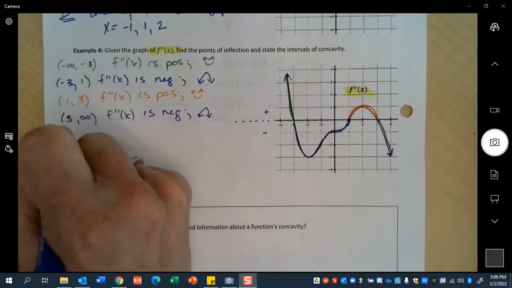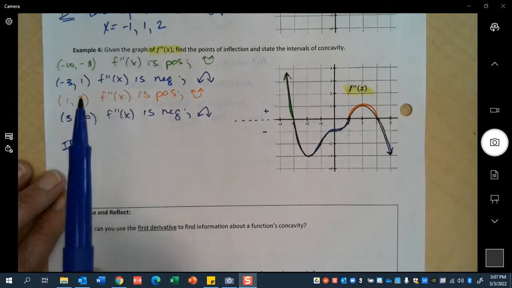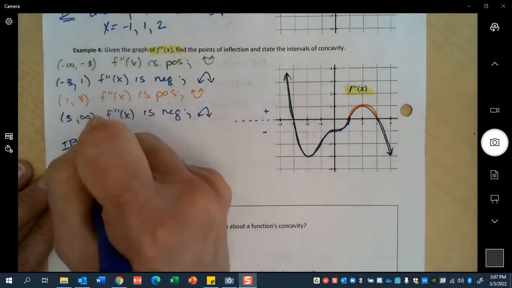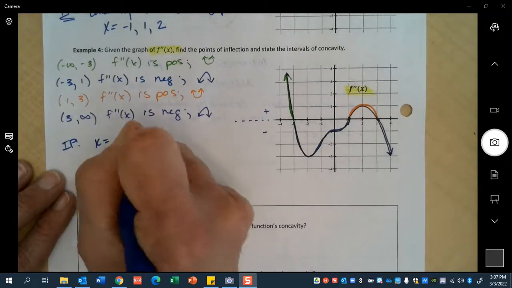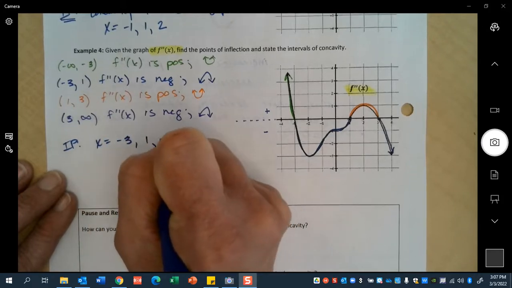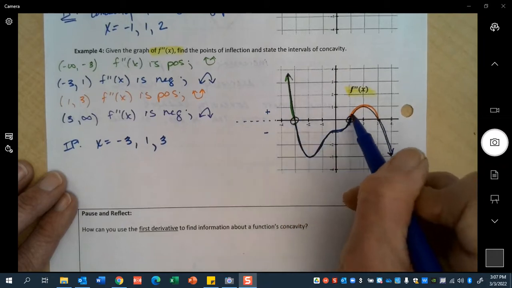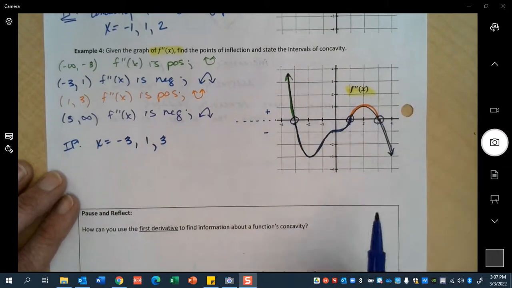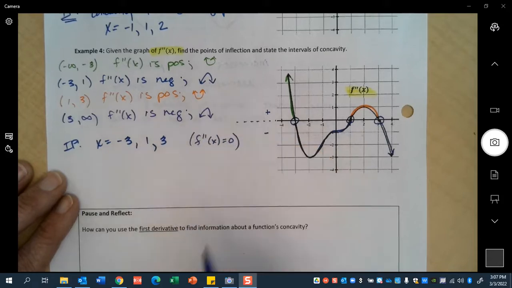We can talk about where our inflection points are located that determine the concavity of the original graph. They are located at x is equal to -3, 1, and +3, because that's where my second derivative is equal to 0.